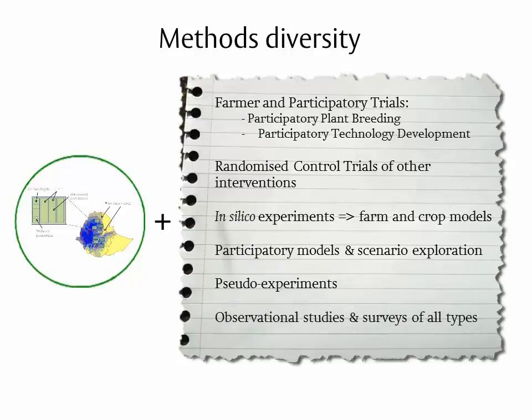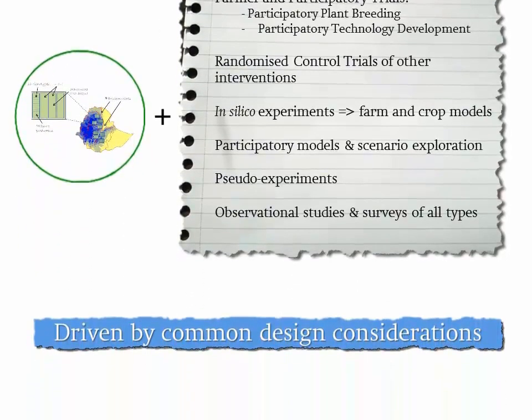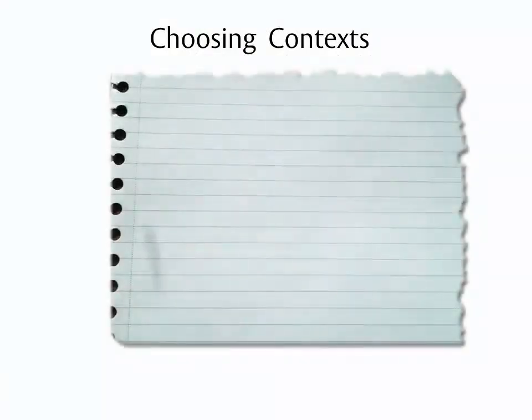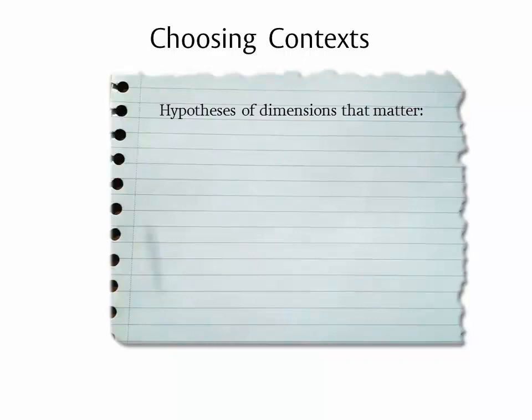Each of these will be most efficient at generating information for option by context interaction if the design principles are used. The first of these principles concerns choosing the context in which to work. The key element here is that you have to hypothesize what the dimensions of context are, which are going to be important. They might be social, economic, ecological dimensions.